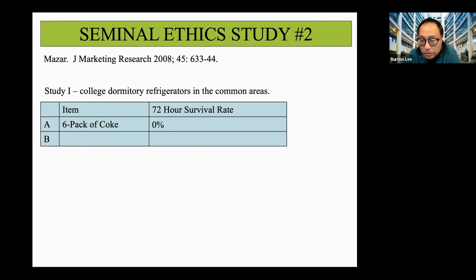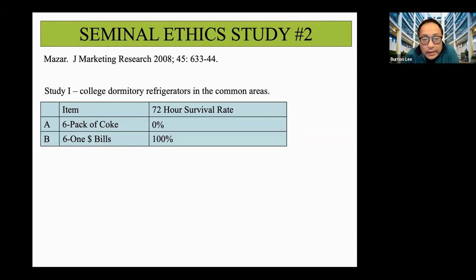To the 6 $1 bills. Because it's really fascinating, in contrast to the Cokes, actually there was 100% survival of these 6 $1 bills. And so the question is, why is there a discrepancy?